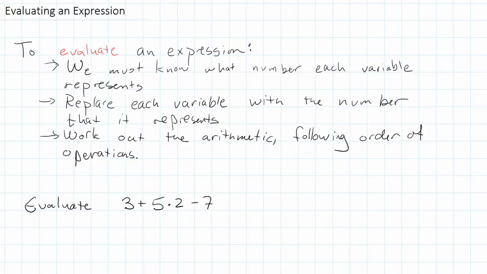Order of operations says we should multiply first. So we'll have 3 plus 10 minus 7. And now addition and subtraction from left to right. 3 plus 10 is 13. And then 13 minus 7 is 6.